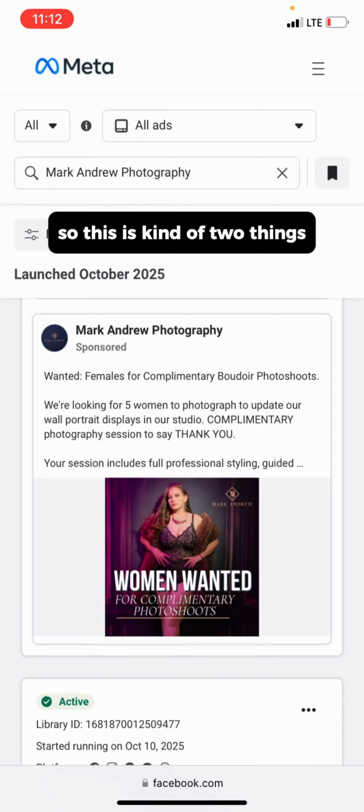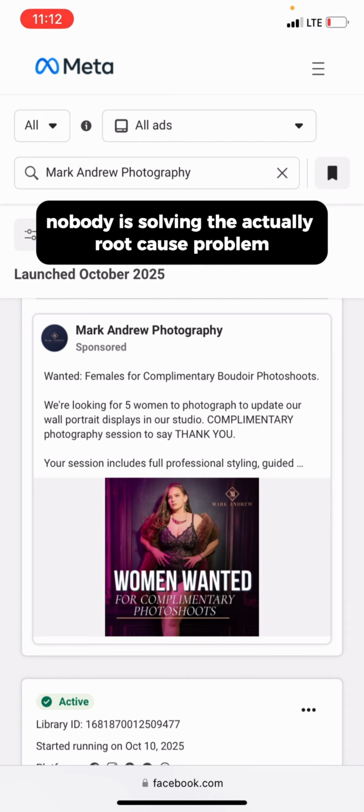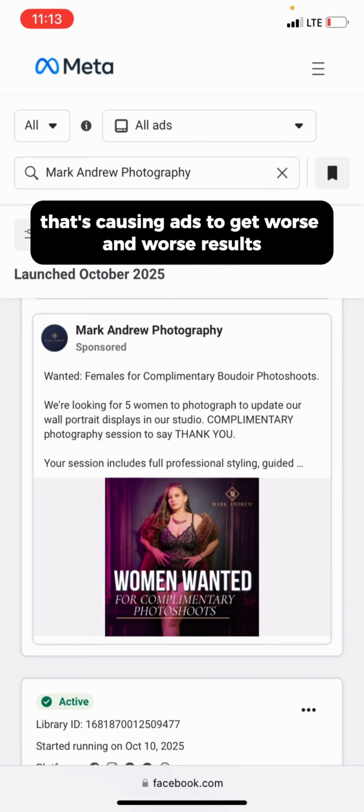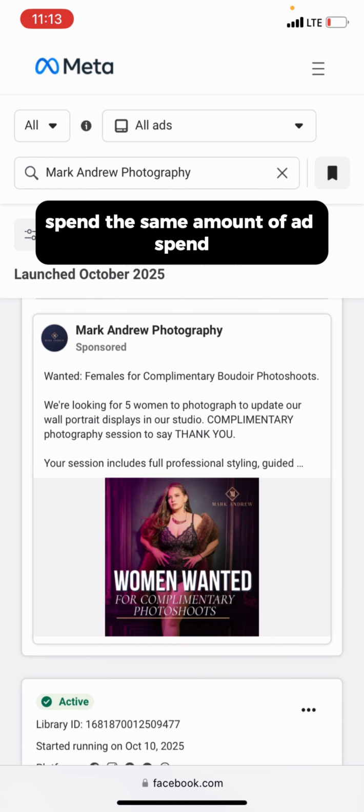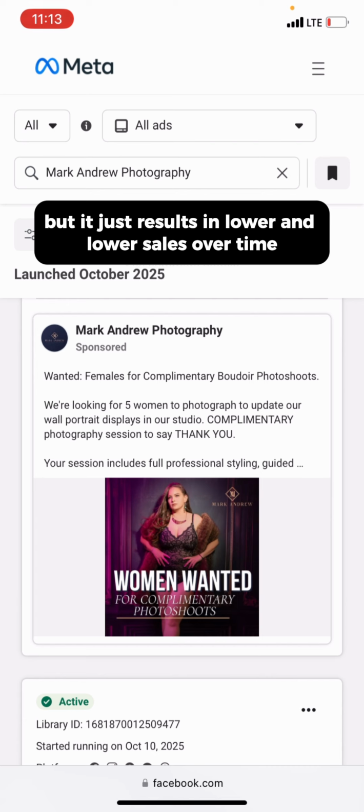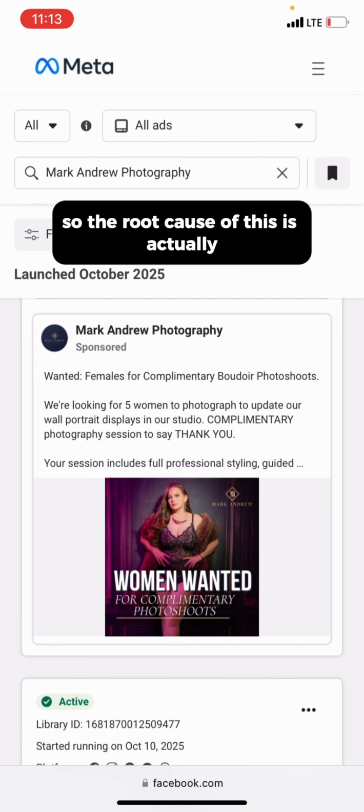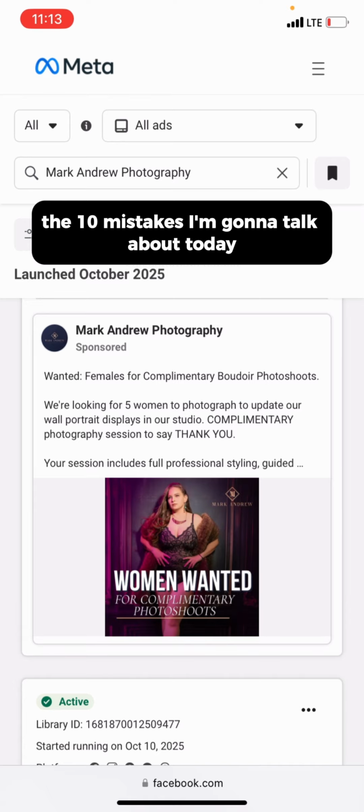So there's kind of two scenarios, and in both, nobody is solving the actual root cause problem that's causing ads to get worse and worse results over time, even though it starts out good and they spend the same amount of ad spend, but it results in lower and lower sales over time. So the root cause of this is actually the 10 mistakes I'm going to talk about today.